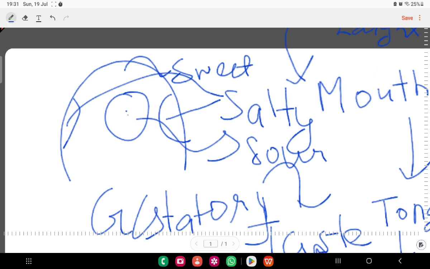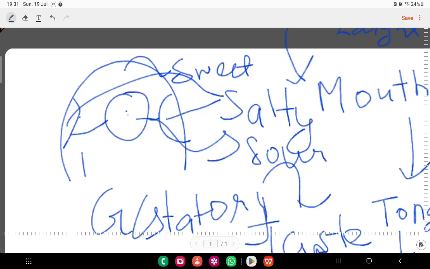If you put some sugar cubes where the sour buds are located, nothing will happen. But if you put it in front, I think the boundary is from here to here, then you will taste sweet.